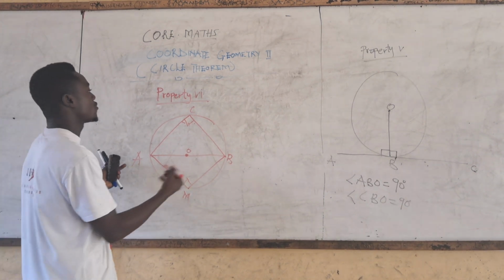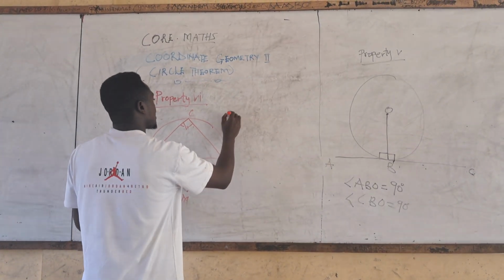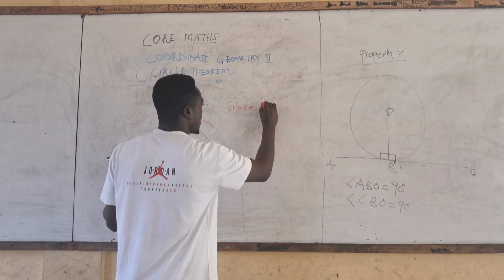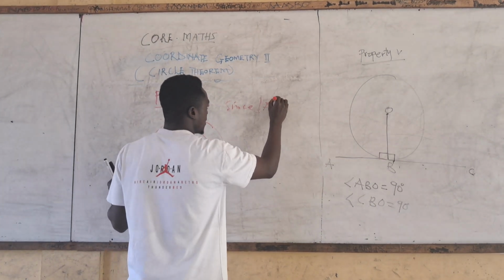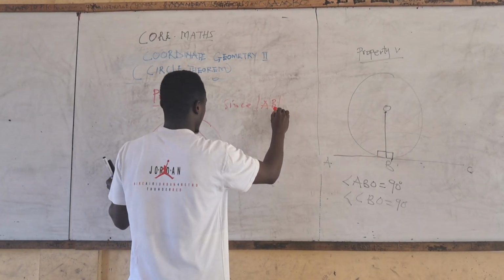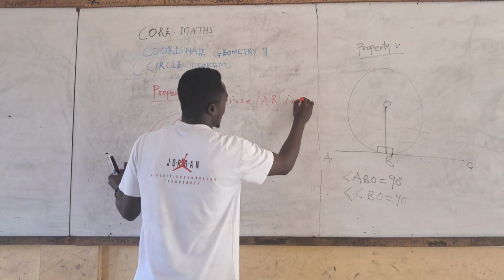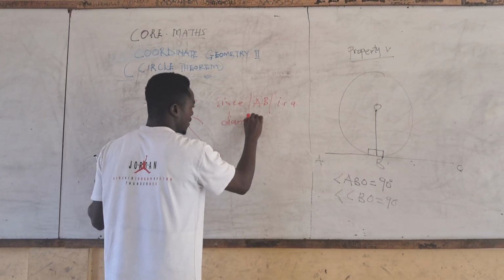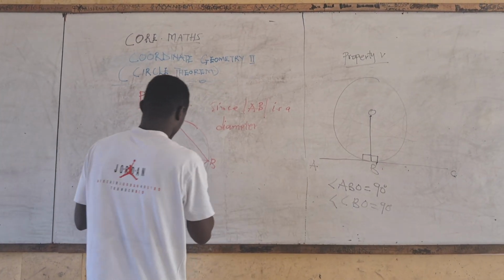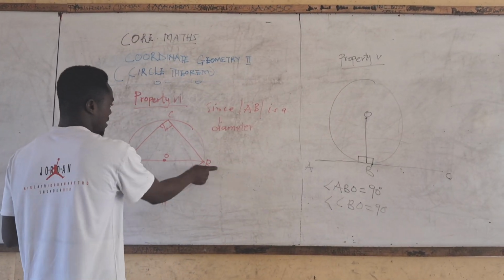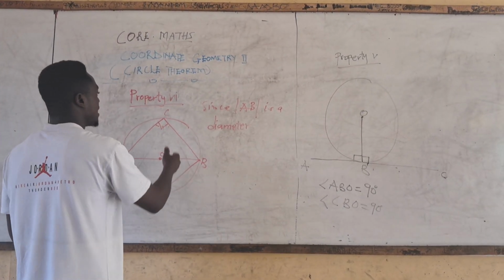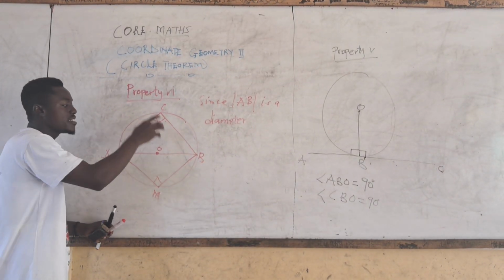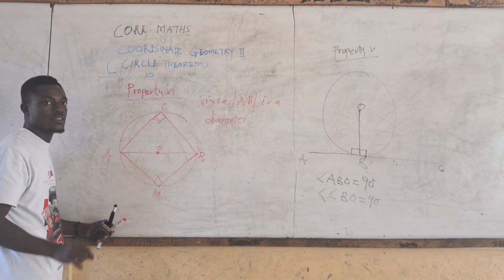So we can therefore conclude that since line AB is a diameter, then the angle sustained by this diameter at the various points on the circumference is 90 degrees.